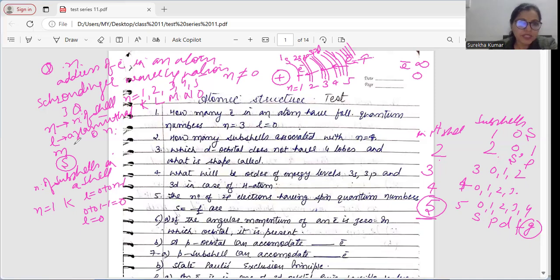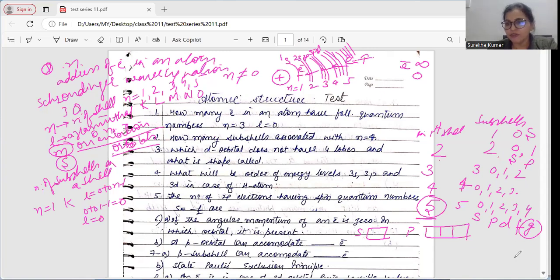Now, M represents orientation. This is the another name for orbitals. We call orientation also instead of orbitals. M will tell us how many orbitals are there in a subshell. Like in S, only one orbital is there. In P, three orbitals are there.